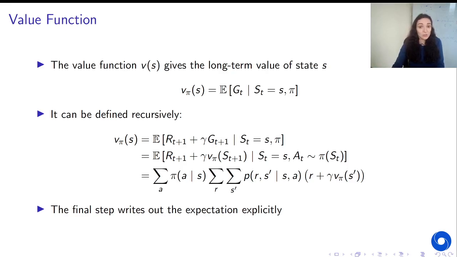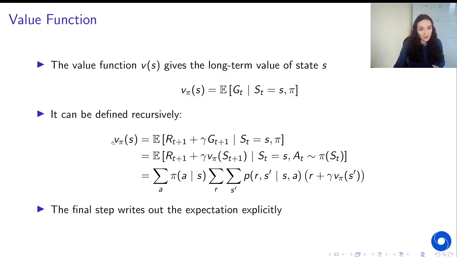This expectation is over the whole process, so we're unfolding this in time, and we can rewrite this as the immediate expectation over the next transition and the value function, which is already an expectation of what's going to happen after t plus 1.